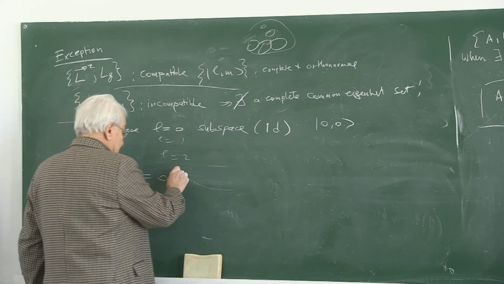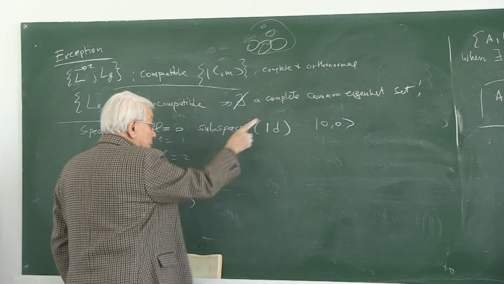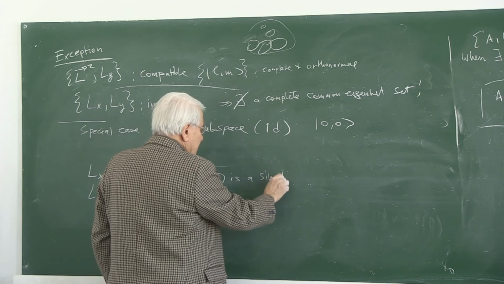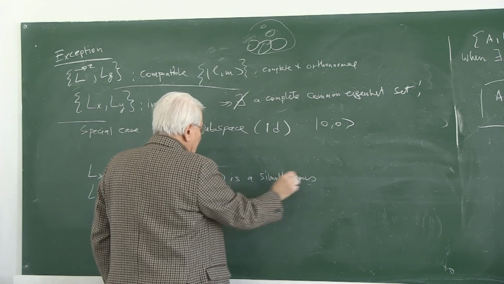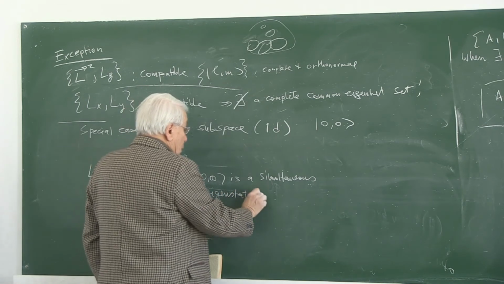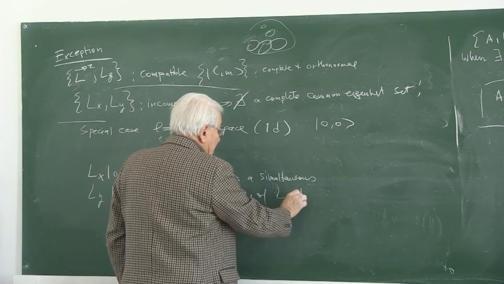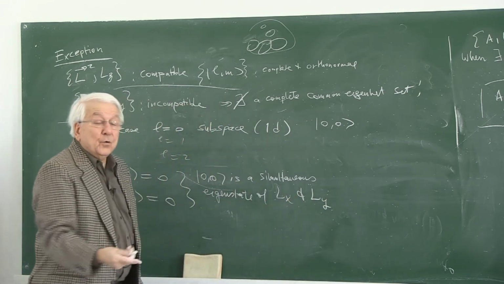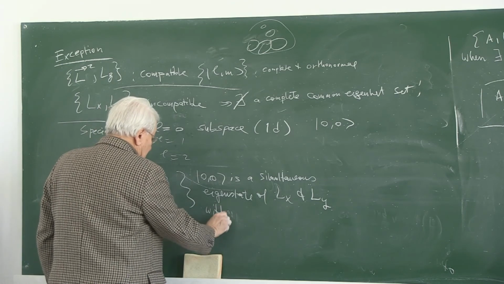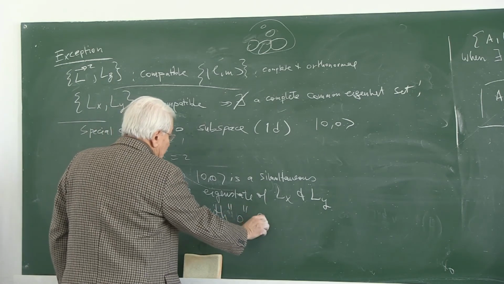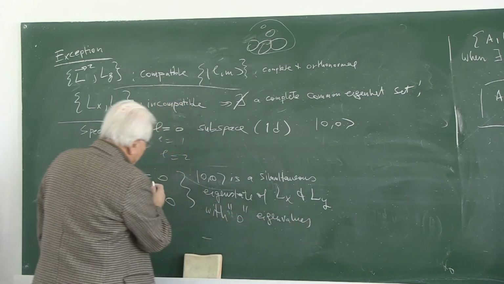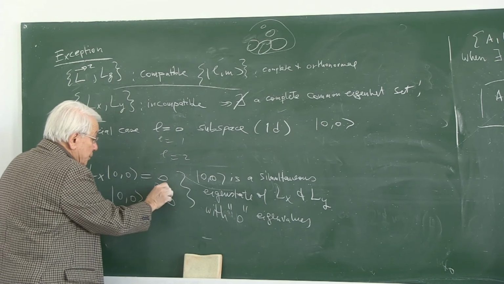So what is the lesson? That particular 0, 0 is a simultaneous eigenstate of Lx and Ly, despite the fact that they are incompatible, they do not commute, with the same 0 eigenvalue, because the right-hand side is 0, meaning 0 times 0, 0, right?